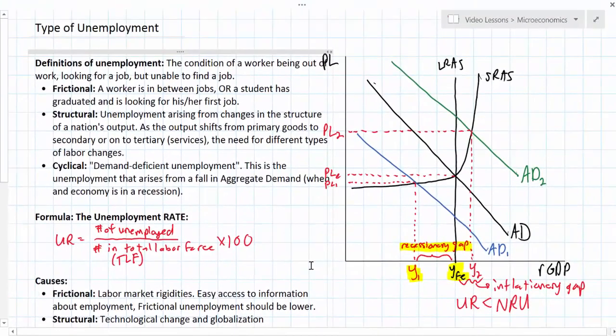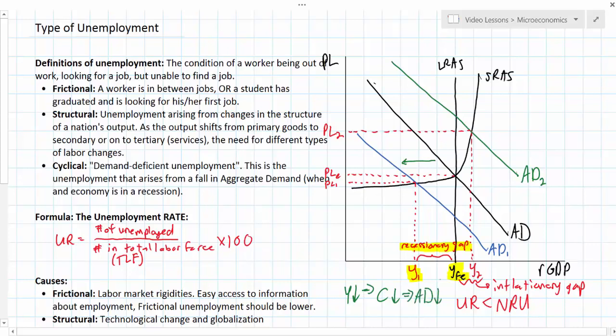So looking back at our graph, we can actually illustrate some of these economic consequences. When aggregate demand falls, the level of unemployment rises to a level above the natural rate. This causes incomes to fall. So as incomes fall, this leads to less consumption, which could lead to even less aggregate demand.